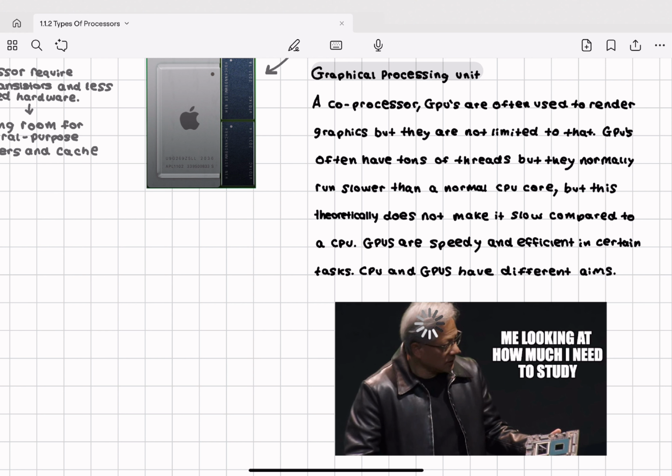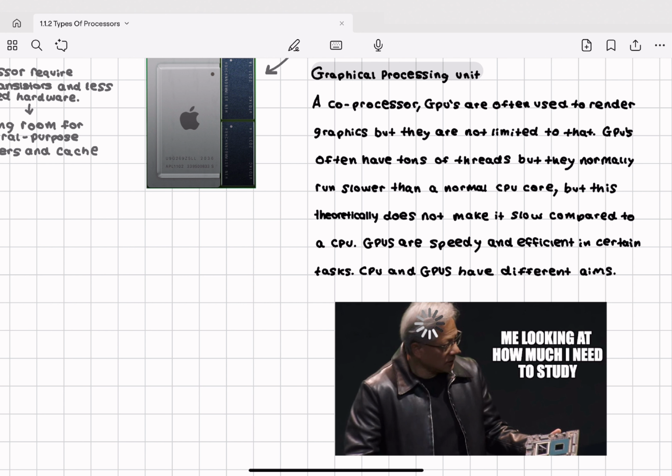But this theoretically doesn't make them slower than a CPU, because GPUs are better at doing complex stuff like working out matrices and stuff like that. So theoretically, GPUs are speedy in certain tasks, and CPU and GPU have different aims.